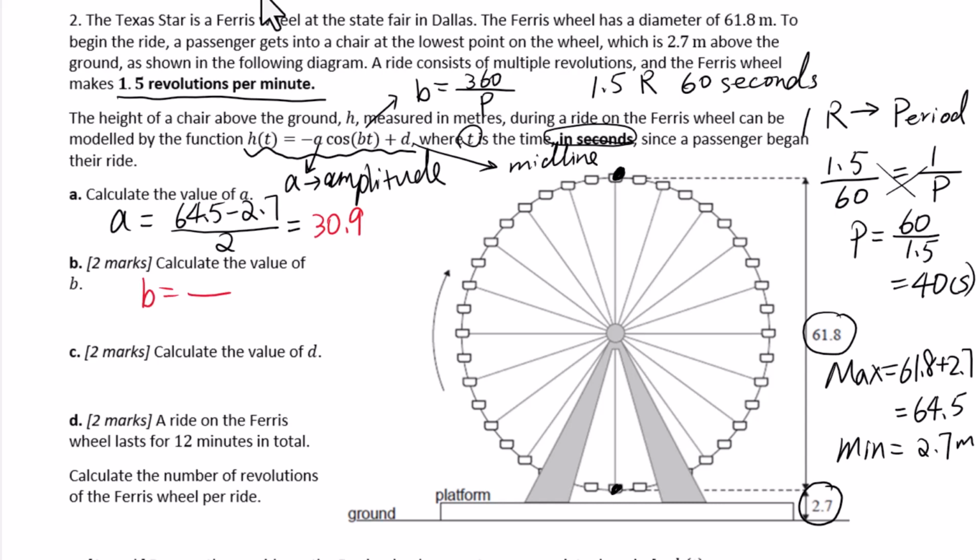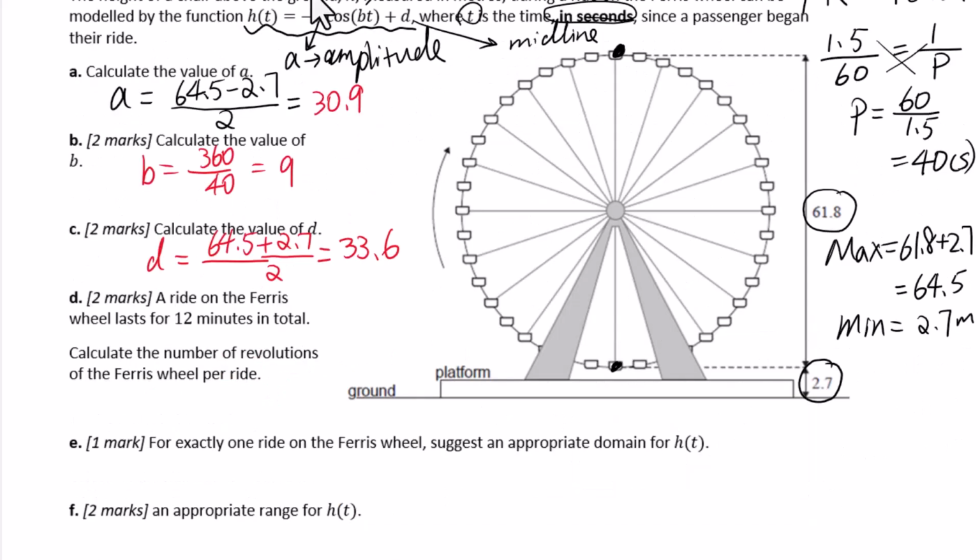B equals 360 over 40 equals 9. D is the midpoint between maximum and minimum value. So 64.5 plus 2.7 over 2 equals 33.6.